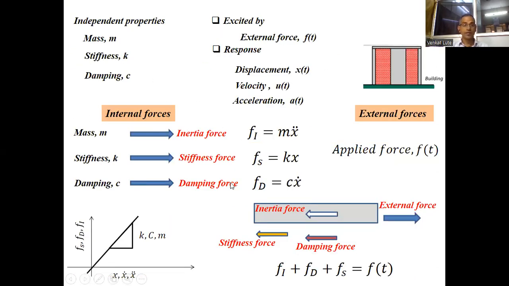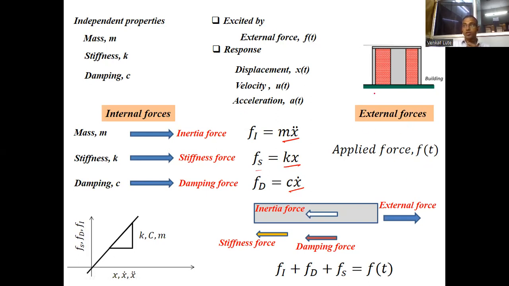Okay, so now if you look carefully, all the internal forces, as I mentioned: the inertia force f_i, the stiffness force f_s, which is k times x, and f_d, the damping force, which is c x dot, have to be balanced by the external force f of t.